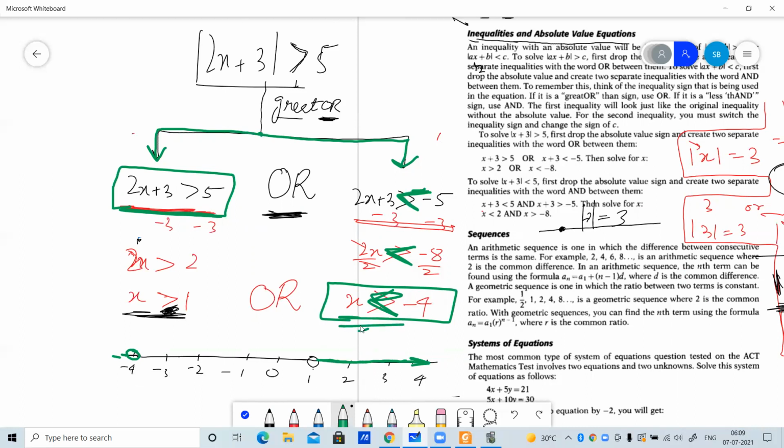But it's telling you x has to be less than -4. That's what I said the first time. It goes to the left, correct. So these are the answers to this inequality: everything starting from 1 towards positive infinity to the right, and starting from -4, excluding -4, towards negative infinity, to the left. And these numbers in between from -4 to 1 are not the answers to this inequality.